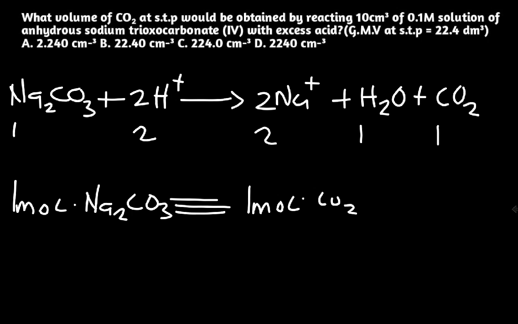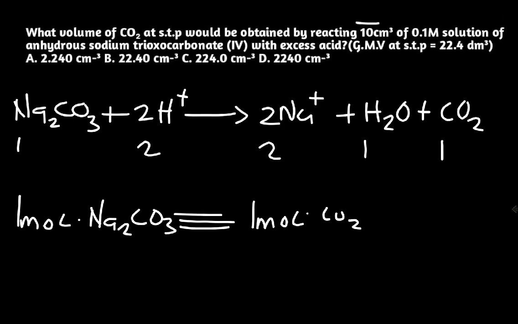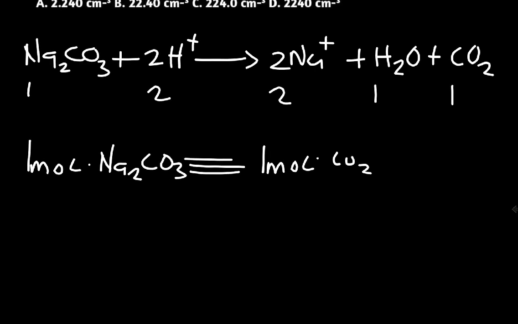Now the next step is we'll solve for the mole, making use of the volume given here and the molar concentration of sodium trioxocarbonate(IV). So let's solve for the mole of sodium trioxocarbonate(IV). Mole of Na2CO3 would be molar concentration times volume.